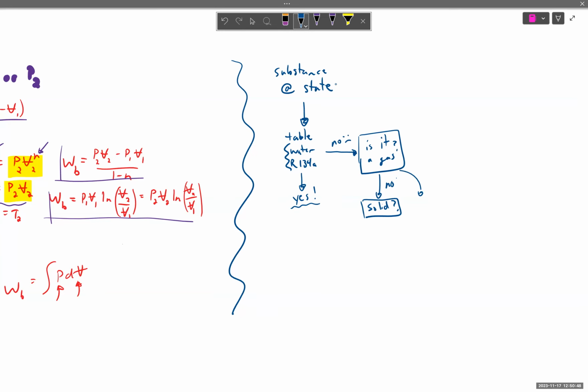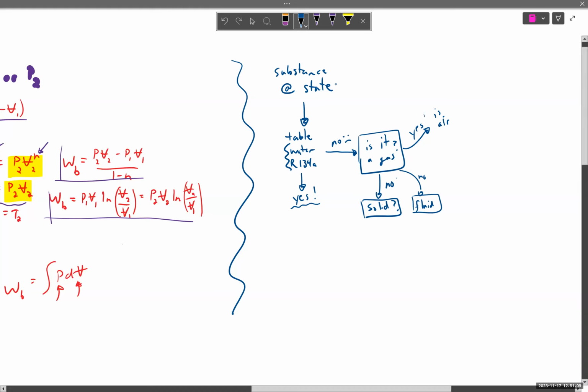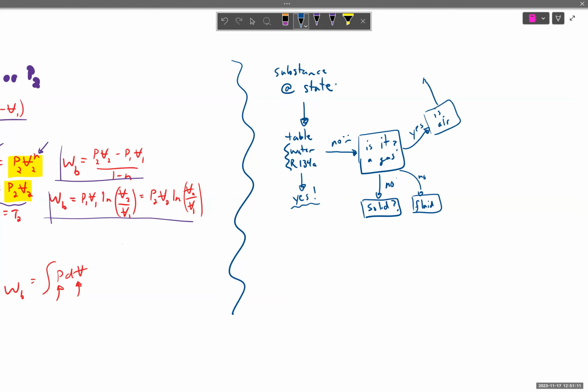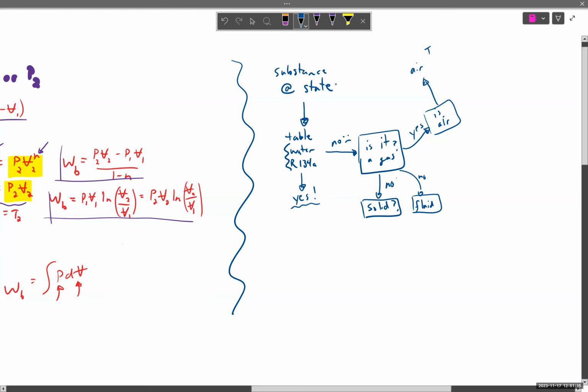So if it was a solid, we'd be in a materials problem. Is it a fluid? So what state is it in? Or hopefully, yes, it's a gas. And then we can say, is it air? So if it's air, the nice thing is we've got a table for that, organized by temperatures.